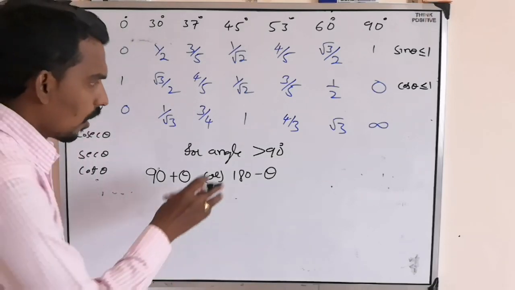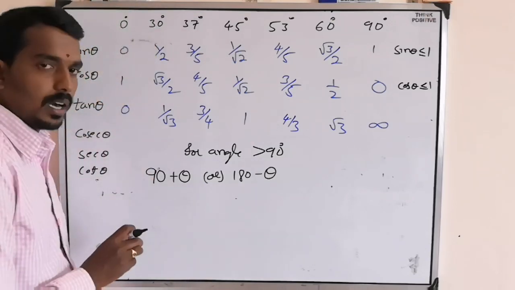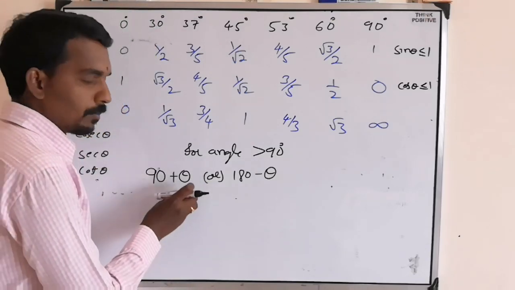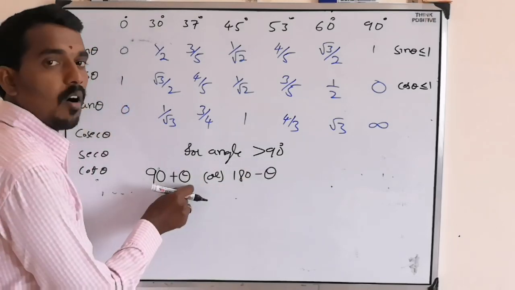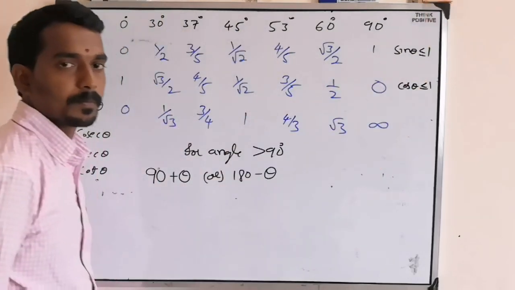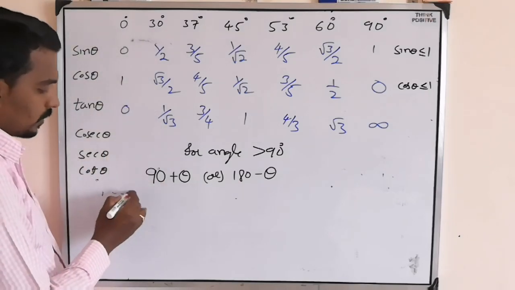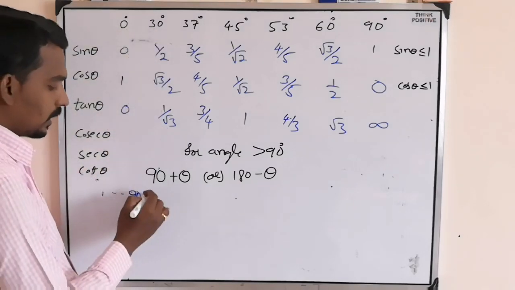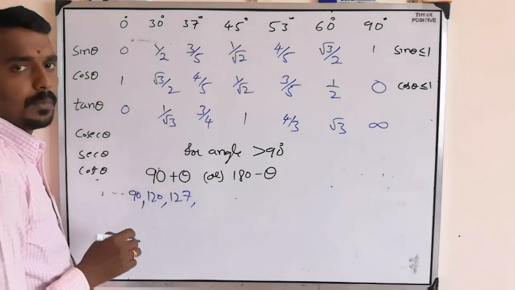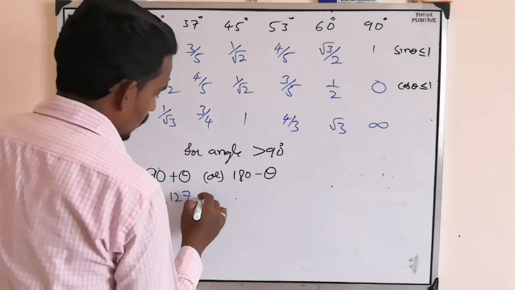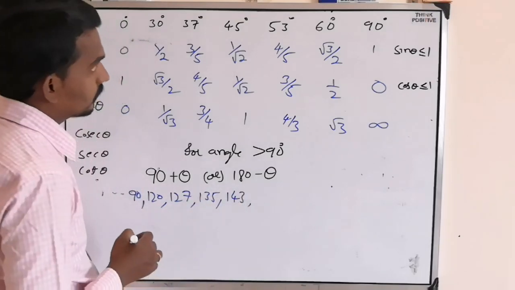So in physics they will always give a few values such that you can write them as 90 plus or 180 minus theta, and this theta is always one of these values: 90 plus 0, 90. 90 plus 30, 120. 90 plus 37, 127. 90 plus 45, then 135. 90 plus 53, 143.